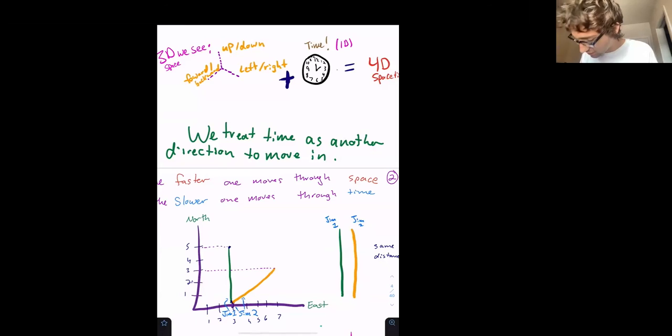Twin 2 moves 5 miles northeast, so in reality twin 2 will only be 3 miles north and 4 miles east. When they come together, they both moved 5 miles, but one twin moved more north than the other.